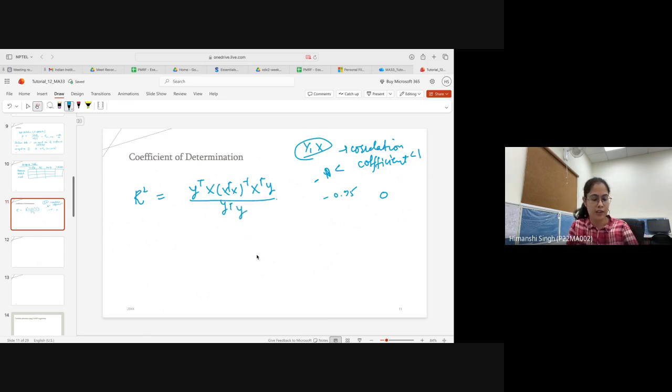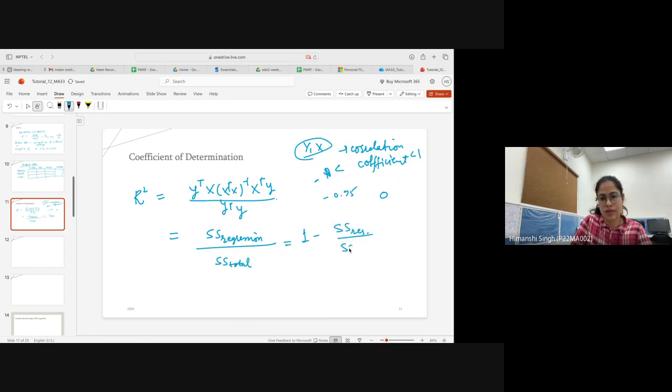If you have the values of the sum of squares due to regression, total, and residuals, then there is also a formula: SS regression divided by SS total, which equals 1 minus SS residuals divided by SS total. This is a different formulation, depending on what you have in your hand.